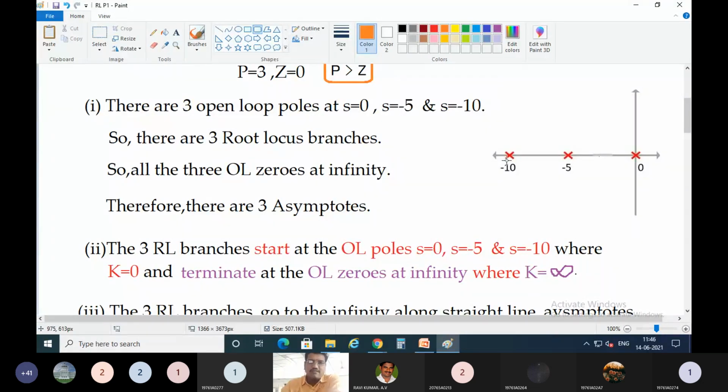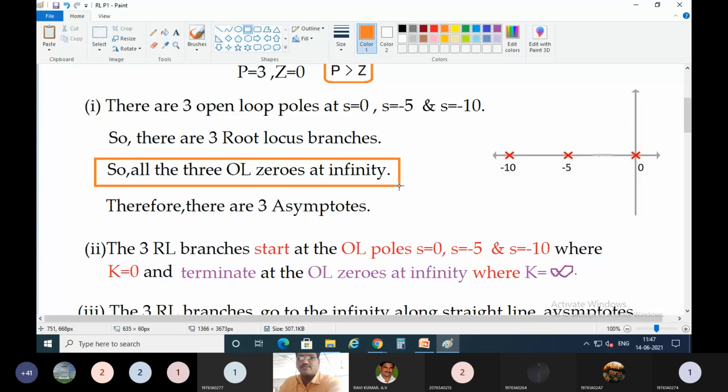Where are they going to end? Is there any open loop zeros? No, sir, no open loop zeros. So all the 3 open loop zeros we can consider to be at infinity.